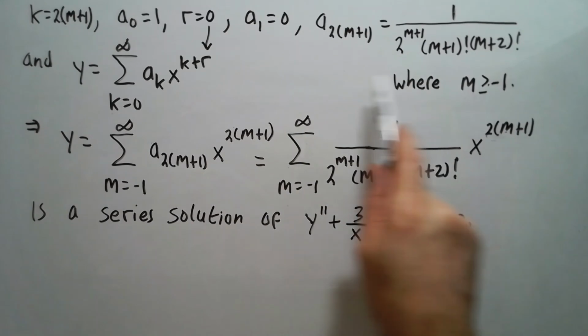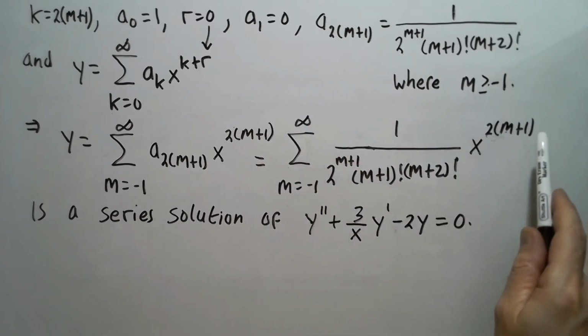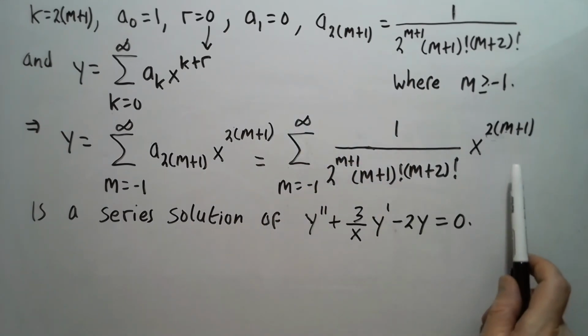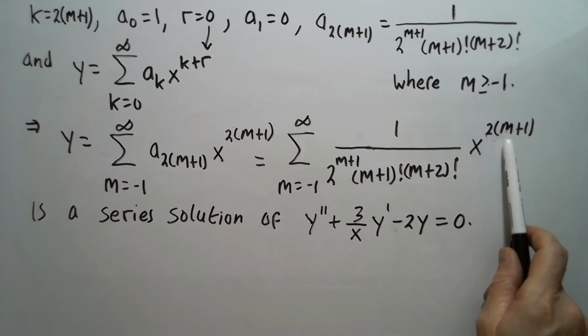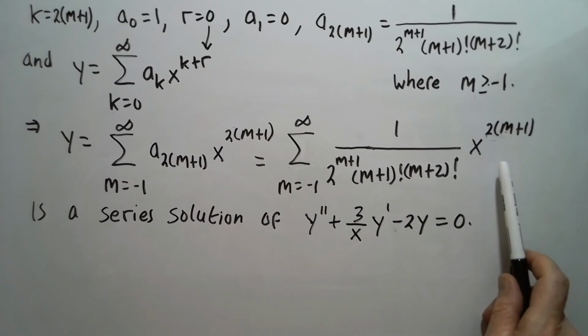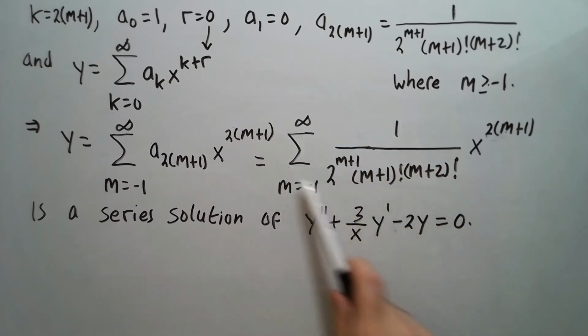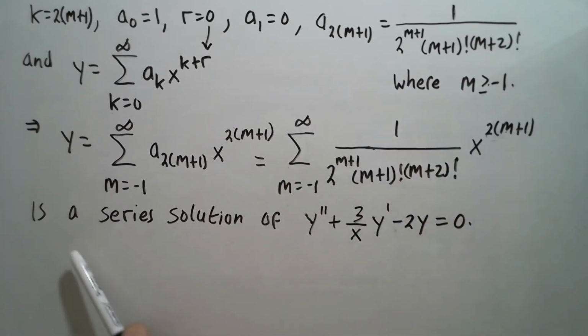It's not a power series... actually maybe it is a power series, since it looks like we're not going to have any negative exponents on the x here. So this series should be a solution of the original differential equation that we're trying to solve.